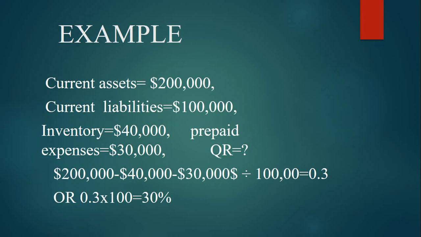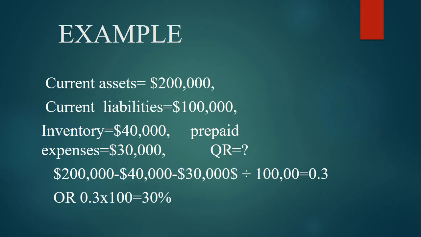Here we take the example: the current assets are $2 lakhs, current liabilities are $1 lakh, inventory is $40,000 and prepaid expenses are $30,000. So we will put the data in the formula and get the result 0.3. And when we multiply 0.3 with 100, the result is 30%.